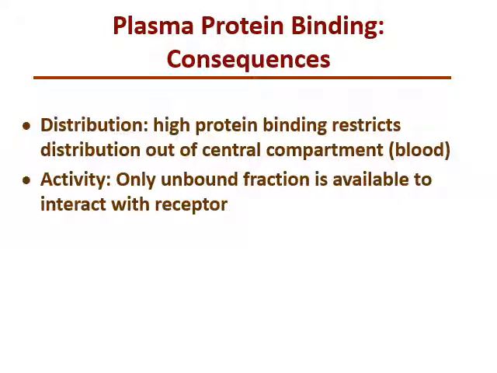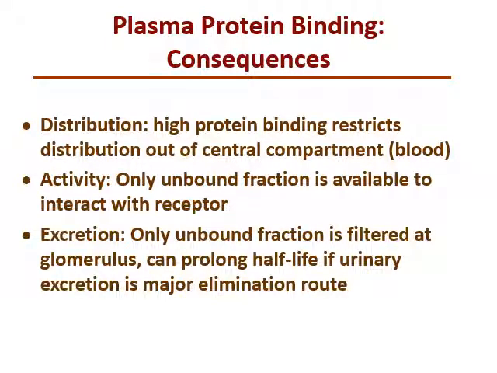So even within the blood, it's only the unbound drug, in the case of an antibiotic, that would be able to interact with the microorganisms. So not only does high protein binding restrict the distribution, that is the penetration into the tissue, but also the activity of a compound. So please keep this in mind. Only the unbound fraction interacts with receptors.